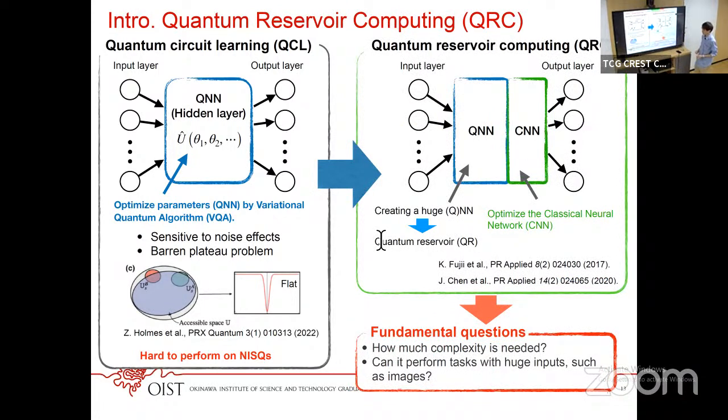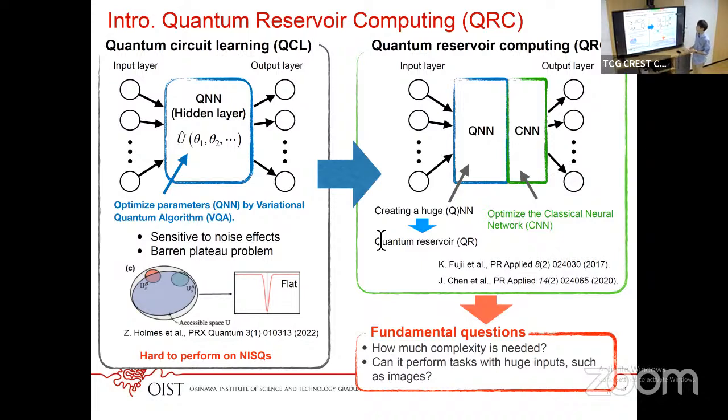To avoid these problems of quantum circuit learning, another quantum machine learning approach was proposed, called quantum reservoir computing. I think the first proposal was by Professor Fujii. There is classical reservoir computing in classical machine learning, and Professor Fujii expanded the idea of classical reservoir computing to the quantum regime.